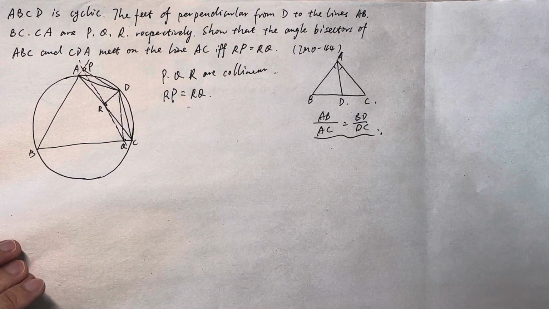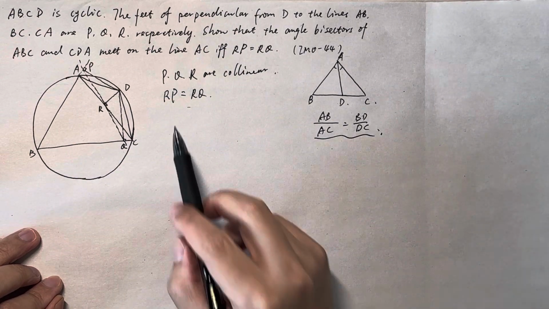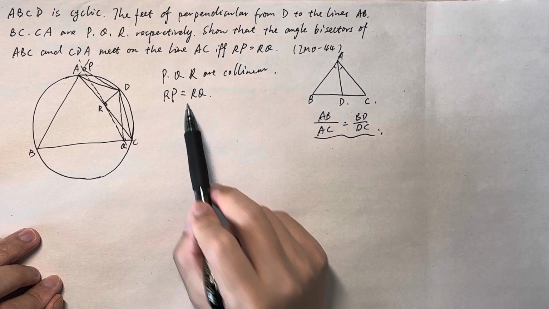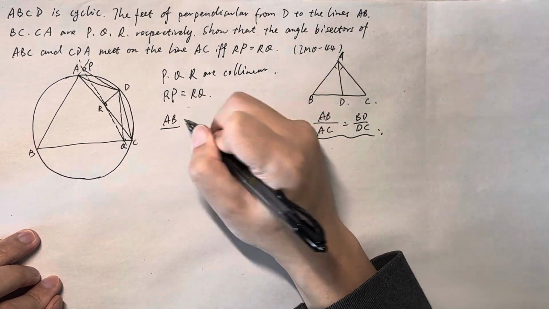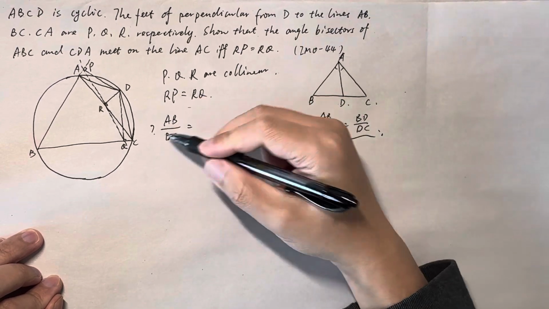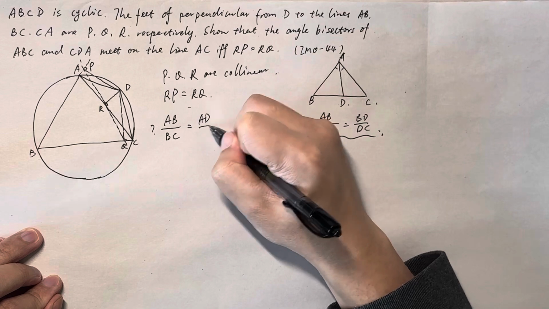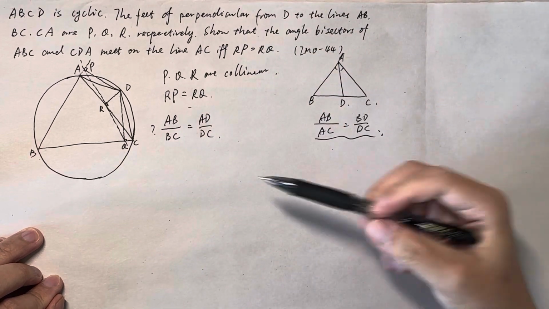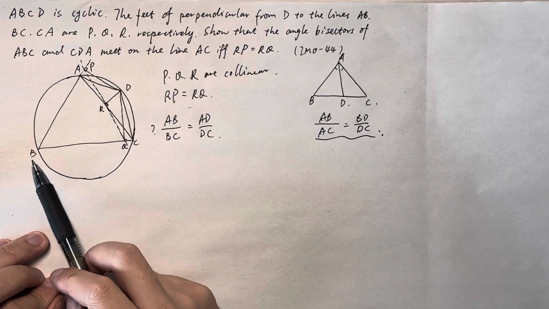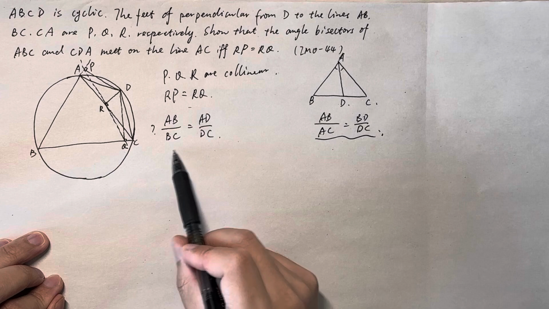Which means, if we can find, based on the condition RP equals RQ, that AB to BC equals AD to DC, that means the angle bisector of angle ABC and the angle bisector of angle ADC meet on the line AC, right?